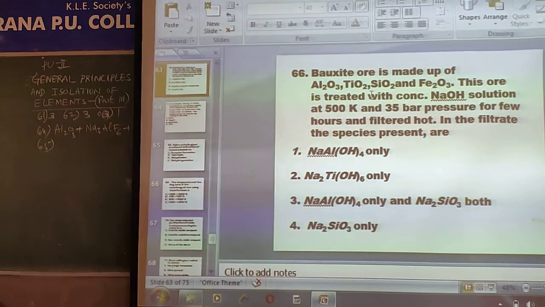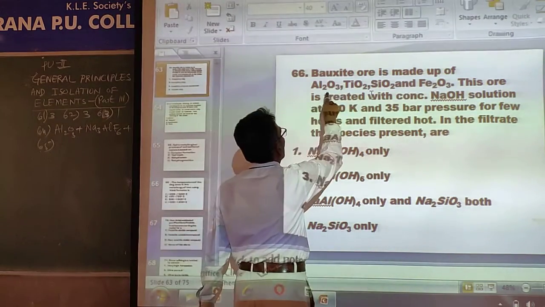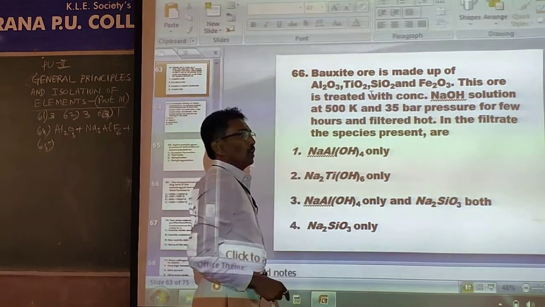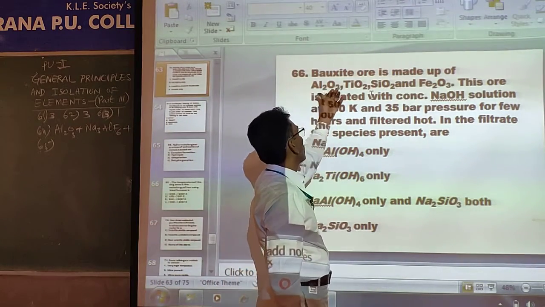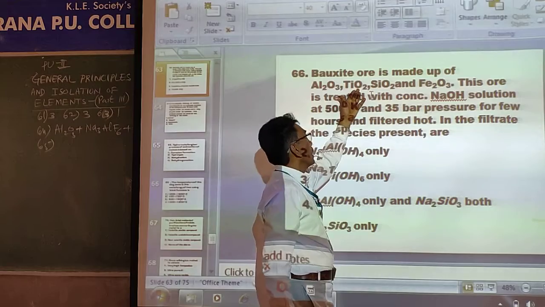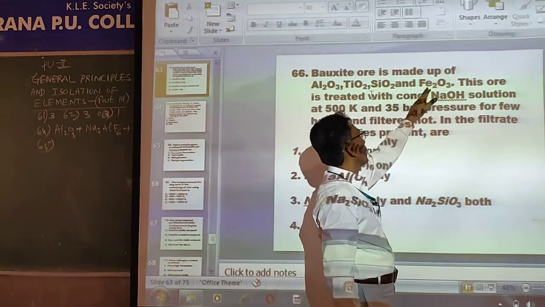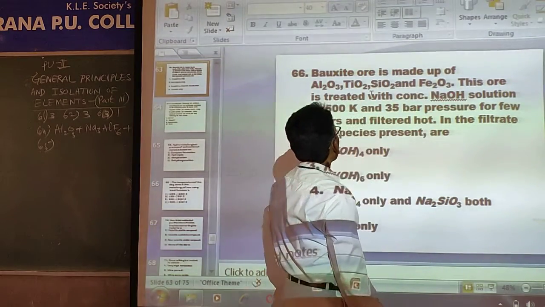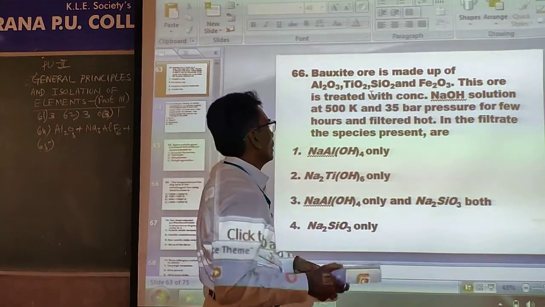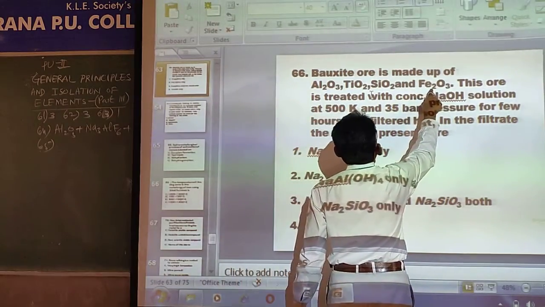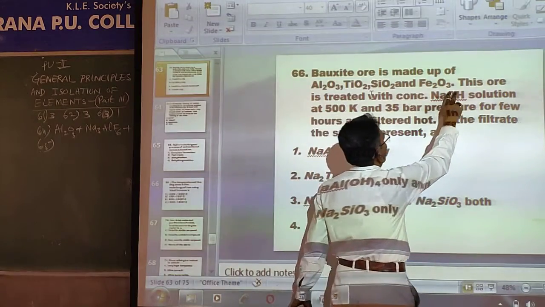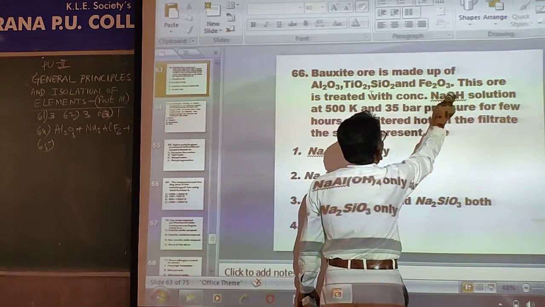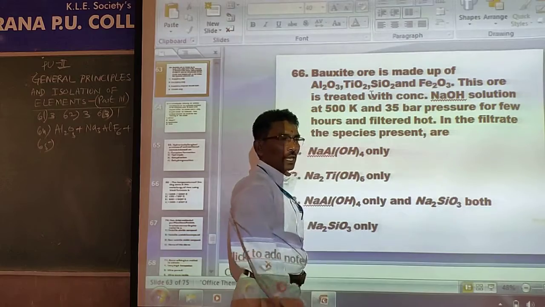Once again, bauxite ore is made up of Al2O3. There are white bauxite and red bauxite. Titanium oxide and silica are impurities along with iron oxides. If iron oxide is present, that is red bauxite; if silica is present, that is white bauxite. Here bauxite is treated with sodium hydroxide solution, the leaching agent.